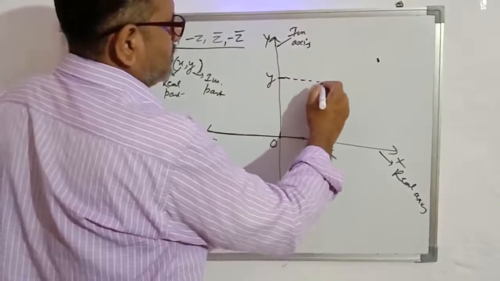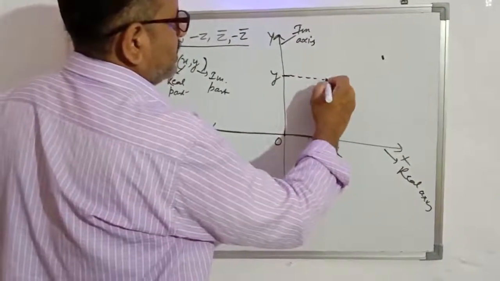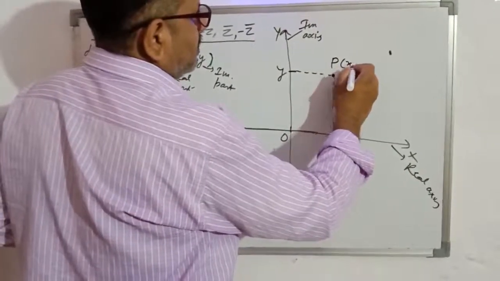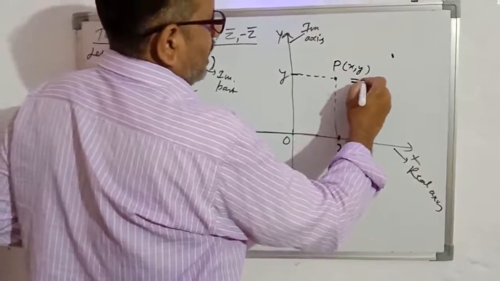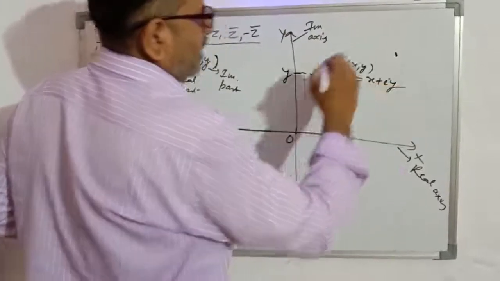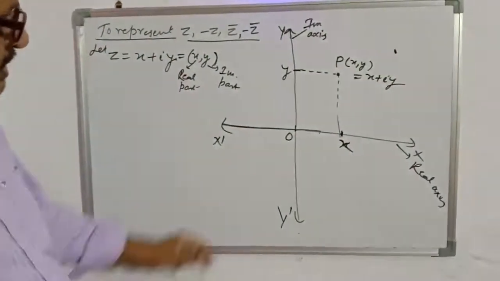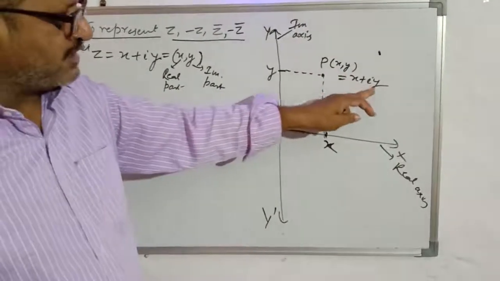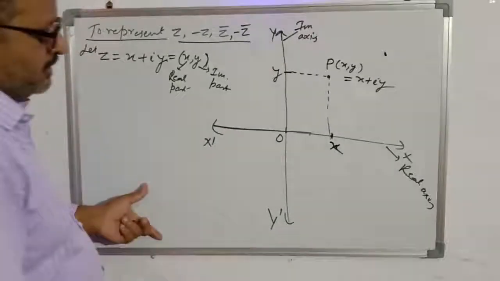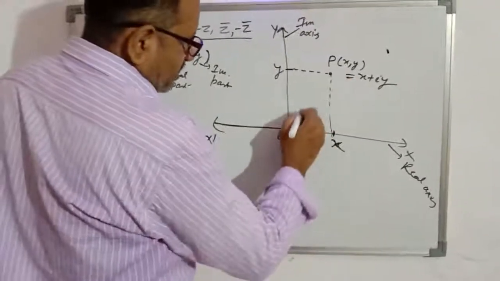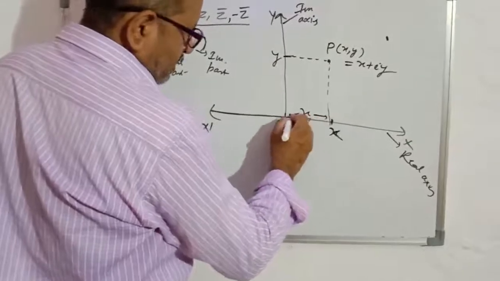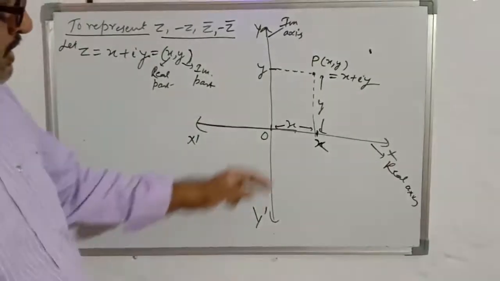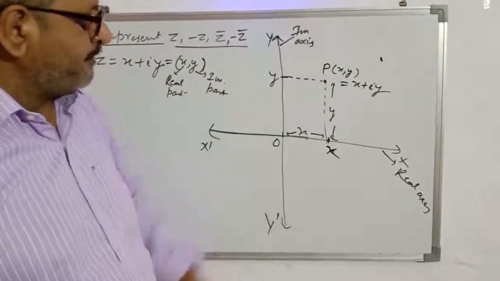We will get the point here, suppose P. This P is (x, y) and it represents the complex number x plus iy. So this distance is x units and this distance is y units.